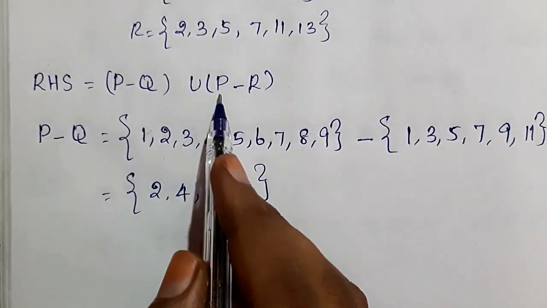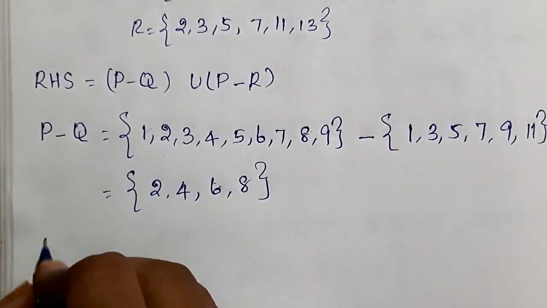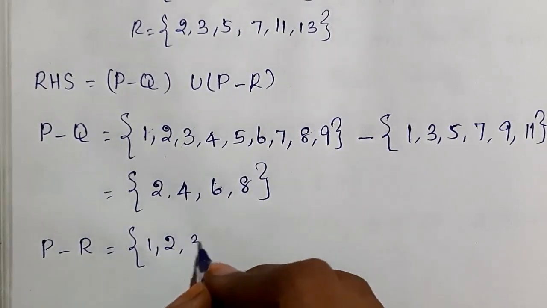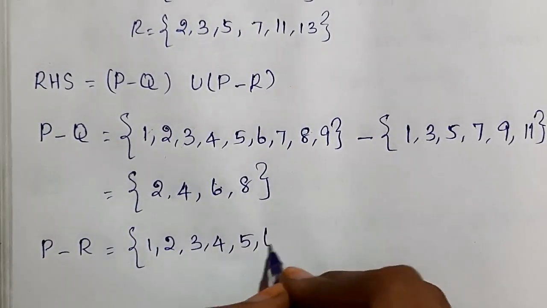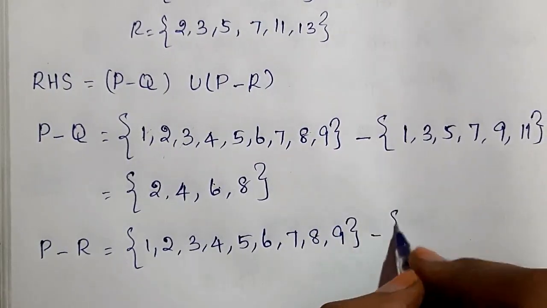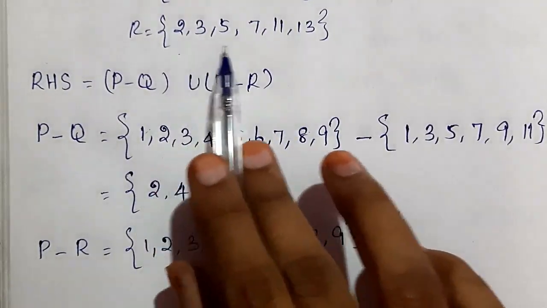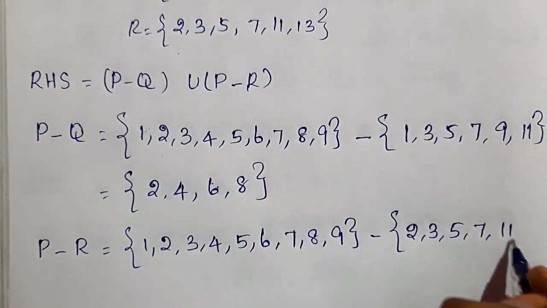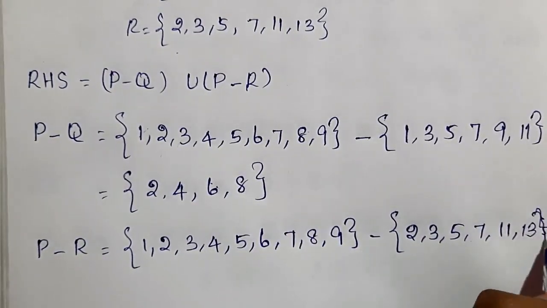Next one is P minus R. So P minus R equal to, write the P set first: 1, 2, 3, 4, 5, 6, 7, 8, 9. This is the P set, minus the R set, 2, 3, 5, 7, 11, 13.